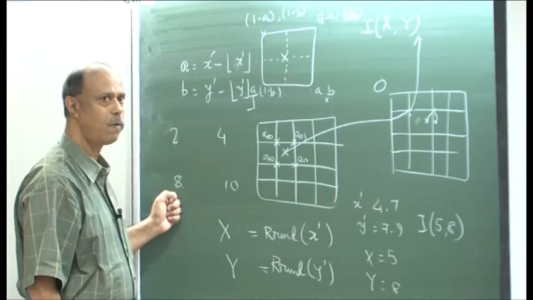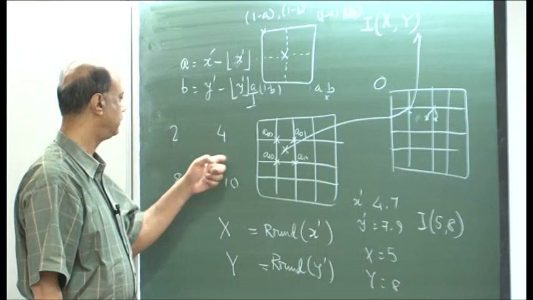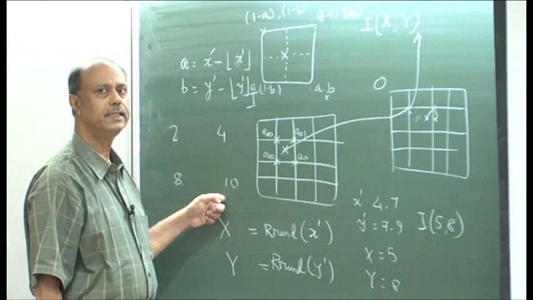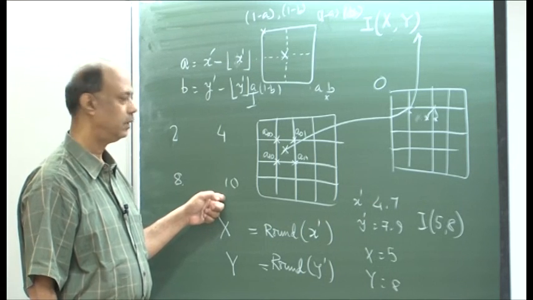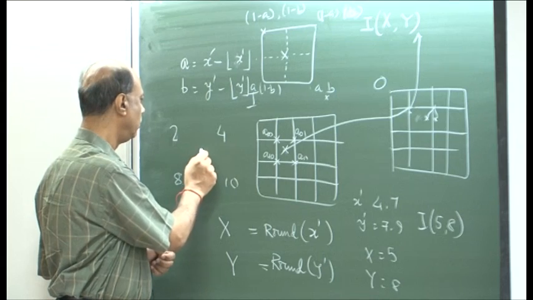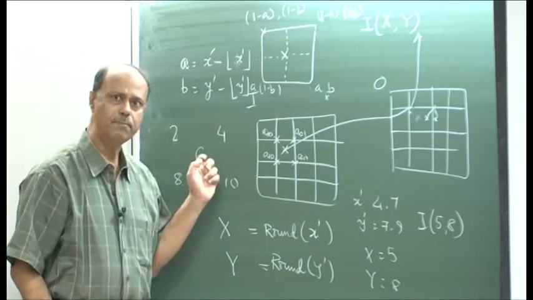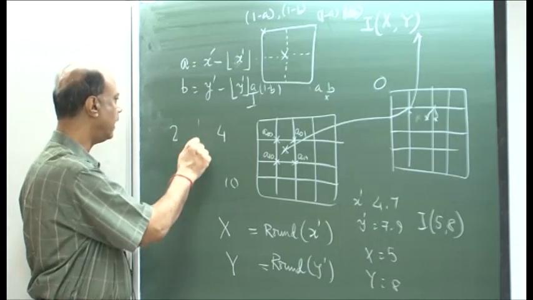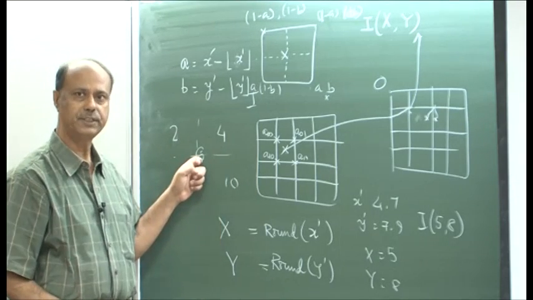What is the value? 6 and 18 is 24. Divided by 4, it is 6. So for this point it will come as 6, because I am saying this is half.